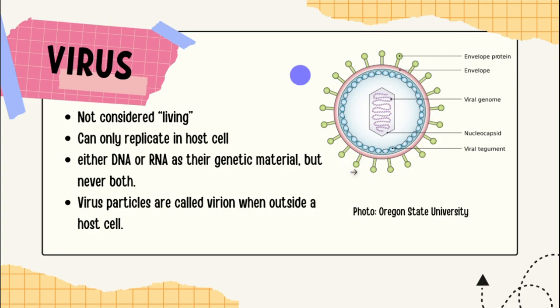So basically we have the protein envelope, we have the spikes, we have the viral genome, and then we have the nucleocapsid, and then the viral tegument, basically, right? So that is basically the outline of the virus.